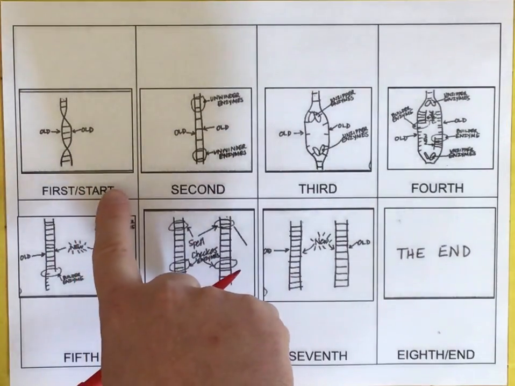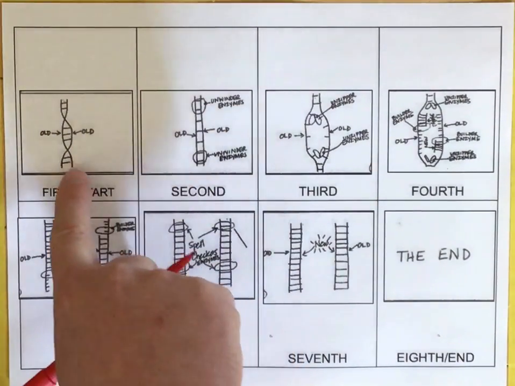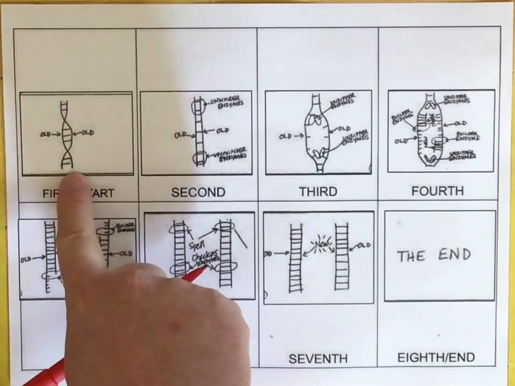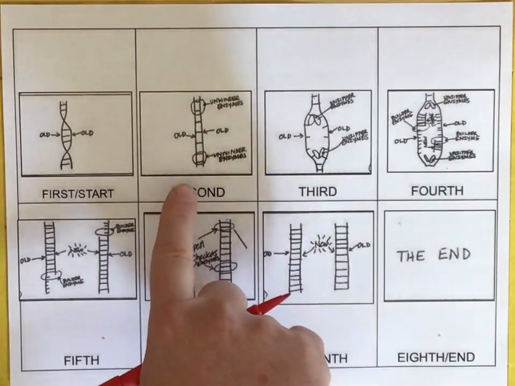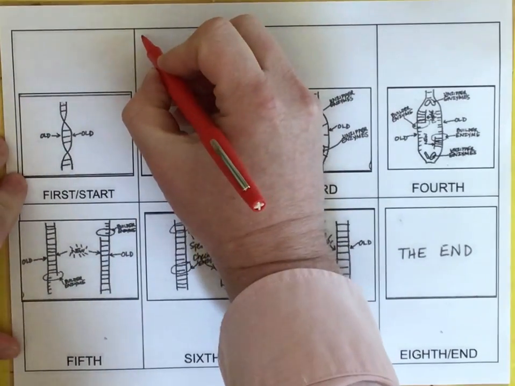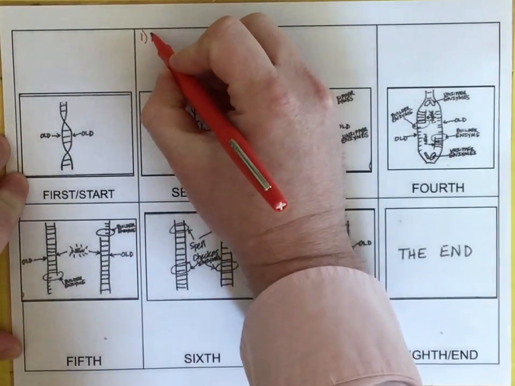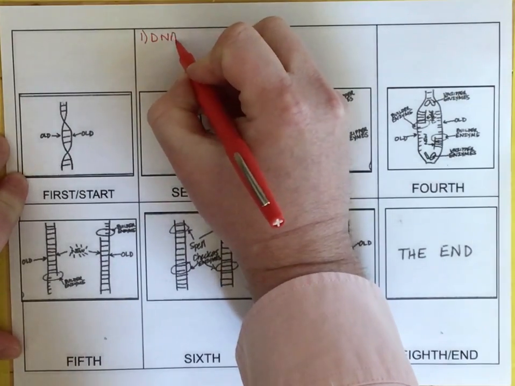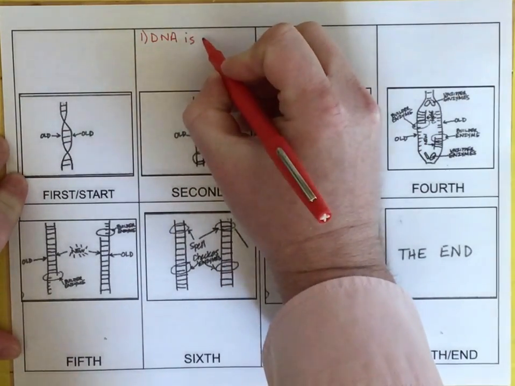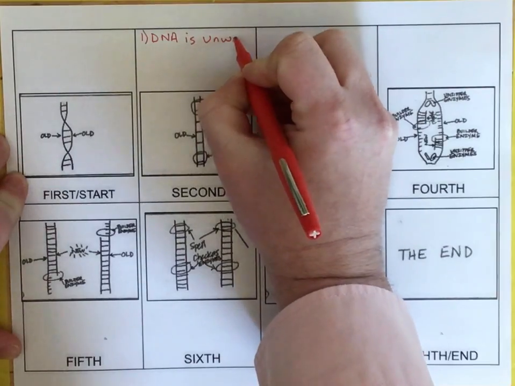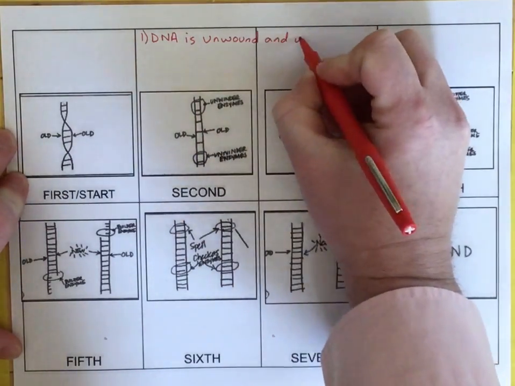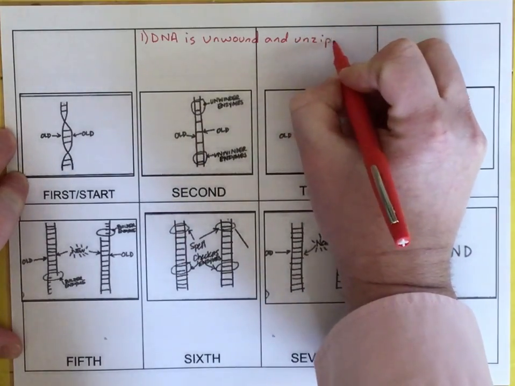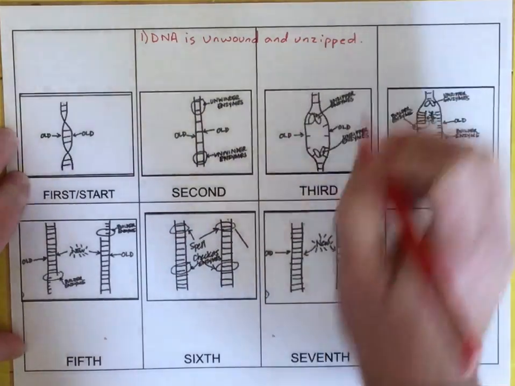So the reason this one is the first step is because you can see that the DNA has the original strands here. The first step shown right here is that DNA is unwound and unzipped.